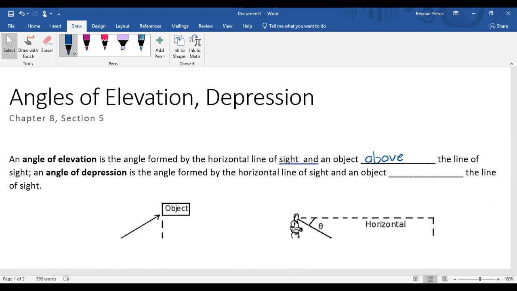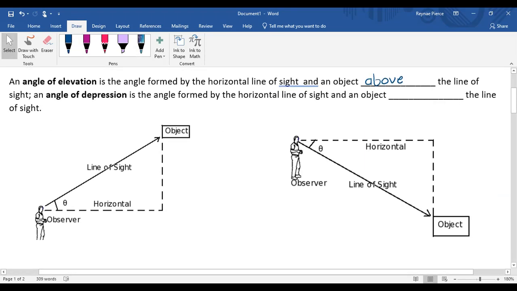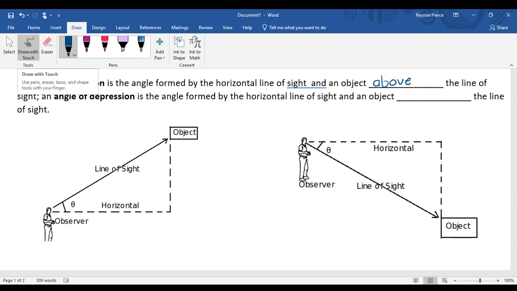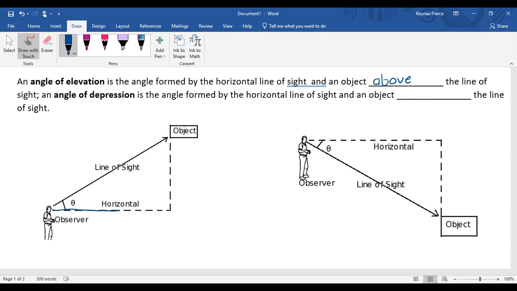So think of if you're looking straight ahead and then you look up at something, that angle created from where you were looking to that line of sight, that is the angle of elevation. And the angle of depression is the angle that's formed by that line of sight when you're looking at an object below your horizontal line of sight.